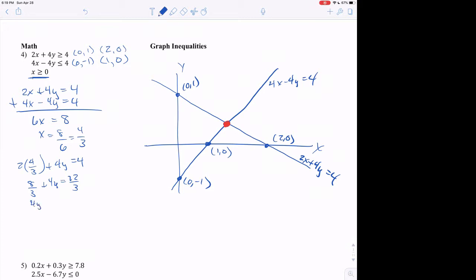So 4y equals 4/3. Divide both sides by 4, so y equals 1/3. So this point right here is the point 4/3, 1/3.